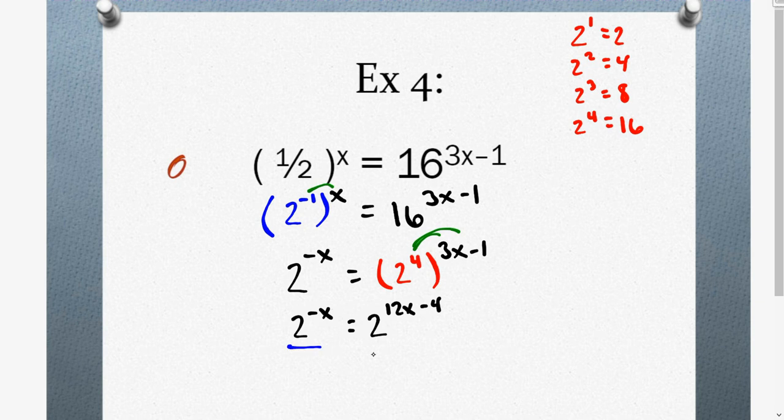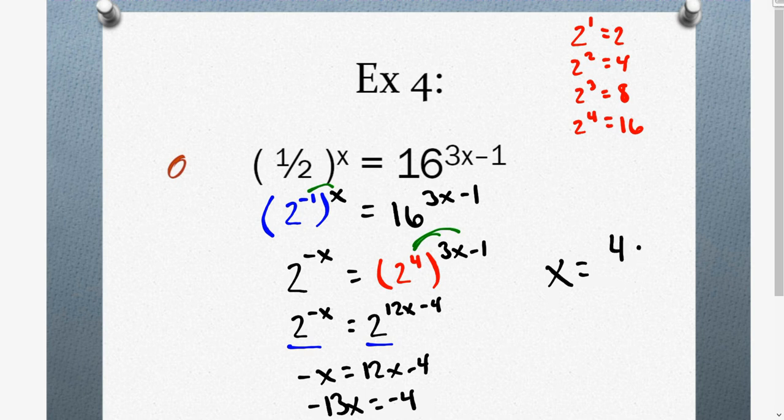So I have a common base of 2, so I can set the exponents equal to each other and get -x equals 12x minus 4. If I subtract 12x from each side, I get -13x equals -4. And then I can come up with a solution where x equals 4/13.